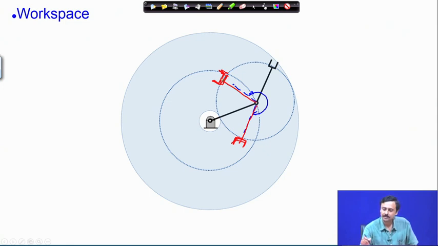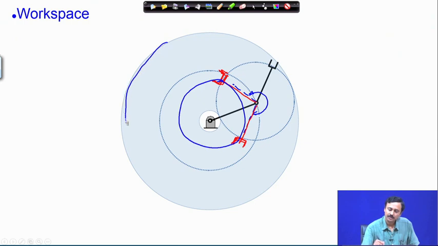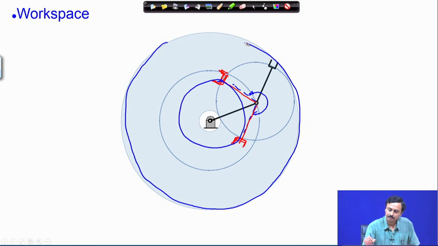In that case, the workspace is between these two limits, this inner blue circle and the outer blue circle.